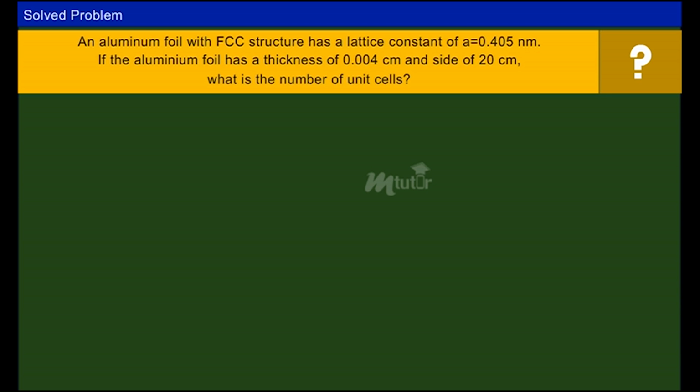Let us now work out this problem to reinforce what we have learned. An aluminium foil with FCC structure has a lattice constant of a equal to 0.405 nanometers. If the aluminium foil has a thickness of 0.004 centimeters and side of 20 centimeters, what is the number of unit cells?